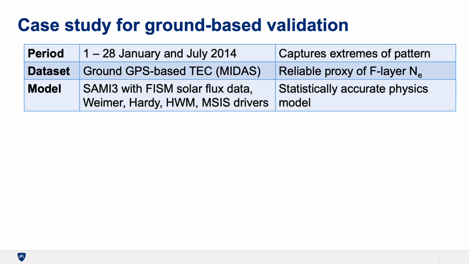The model is SAMI3, and we're using the FISM solar flux data, the Weimer potential, the Hardy precipitation, the HWM winds, and the MSIS neutral composition. So this model is completely independent from the data, but it's a statistically accurate representation of the physics in this case, and I'll show evidence of that later.